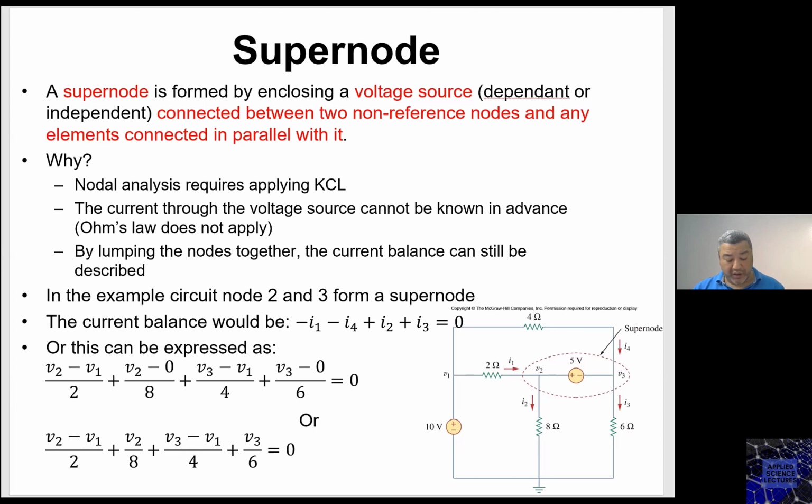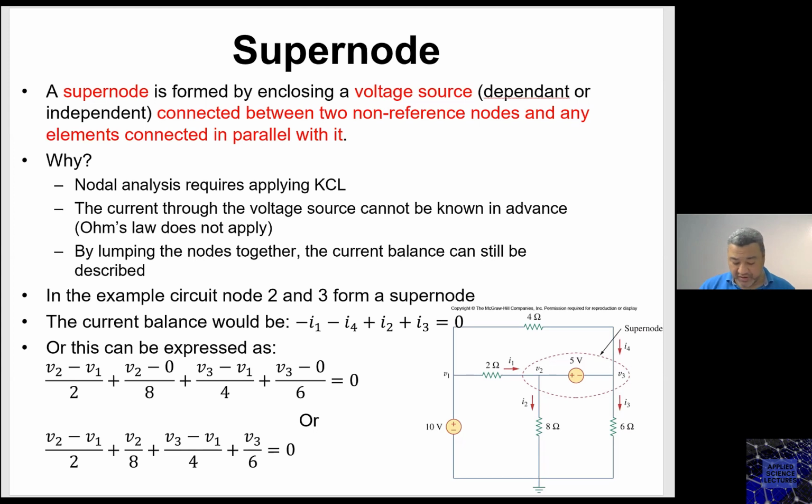Now let's go back to the supernode. In the supernode, I will be treating that supernode this way. Number one, I would be making a dotted circle such that I intercept all the branches that are connected to the variable V2 and the variable V3.